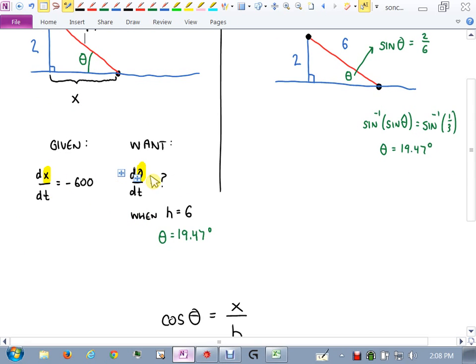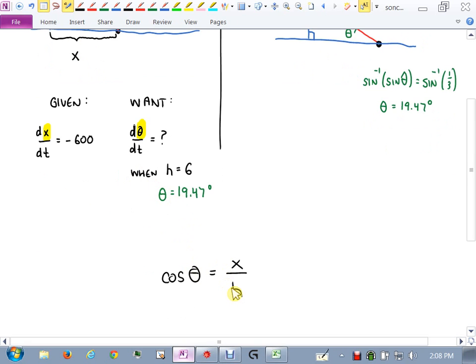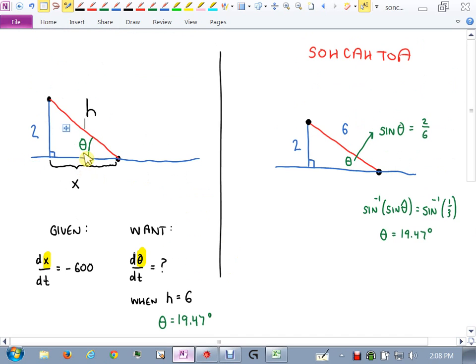You've got a connection between x and theta. Yes, this is, but you've thrown this extra variable in there that you don't really have any other information about. So is there possibly another connection between theta and x that won't have to rely on h? Tangent. What's tangent of theta? This over this. 2 over x, isn't it?